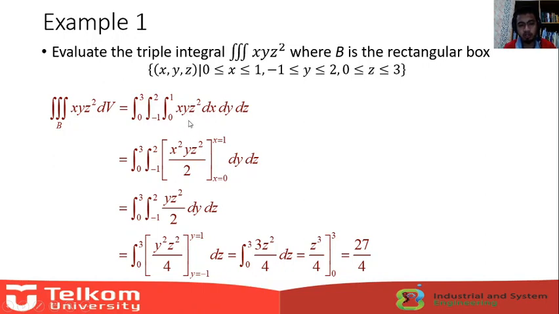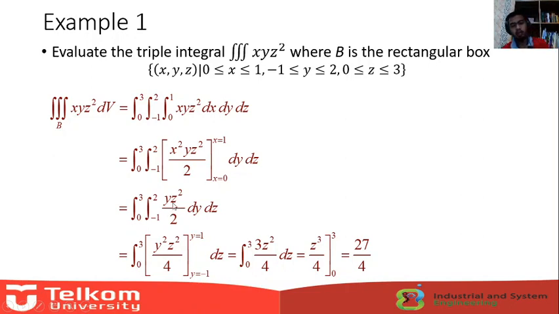Because y and z square are constants. So we got x square times y times z square over 2 from 0 until 1. If we input 1, the result is y times z square over 2. If we input 0, the result is 0.